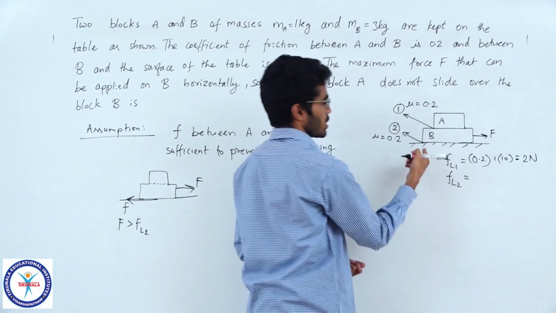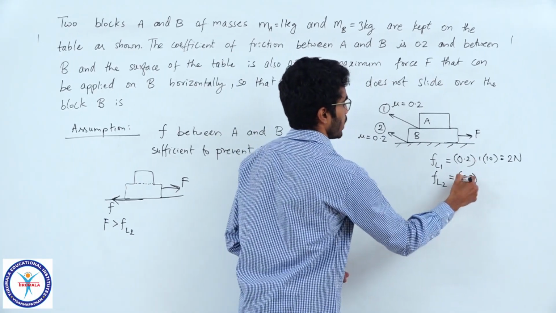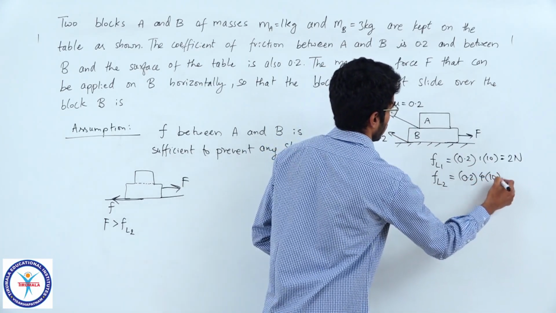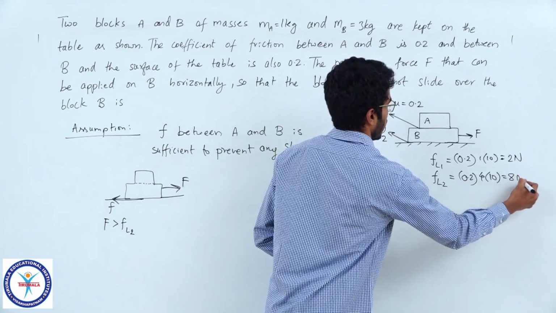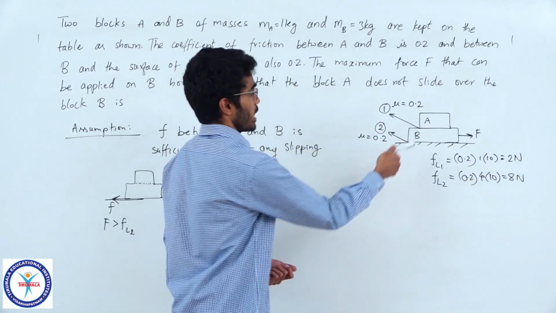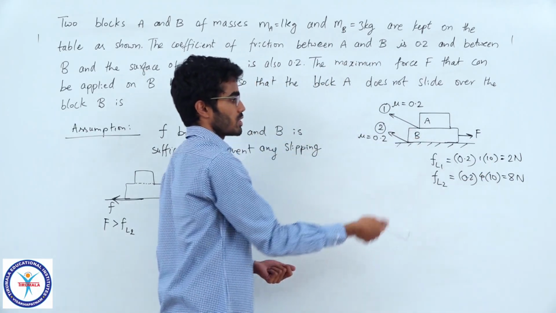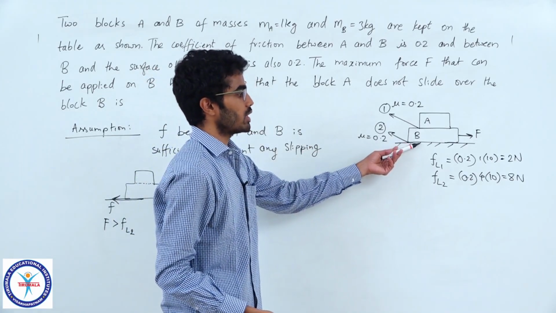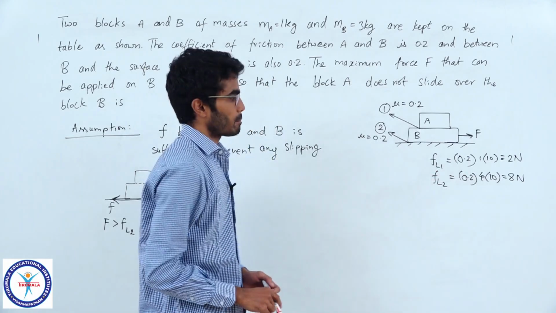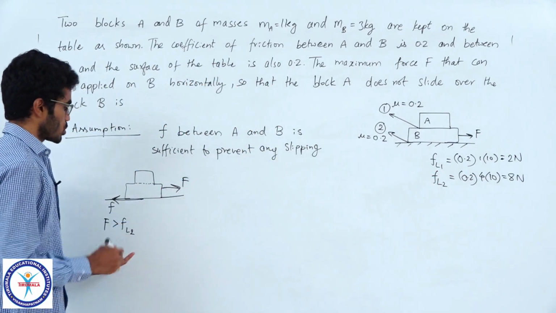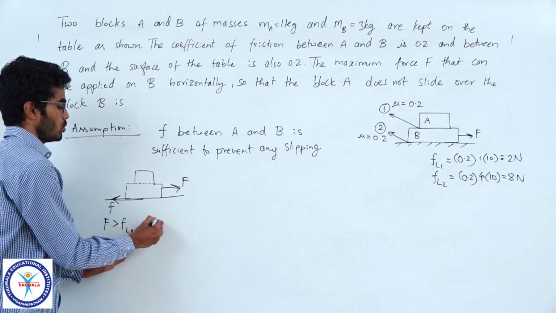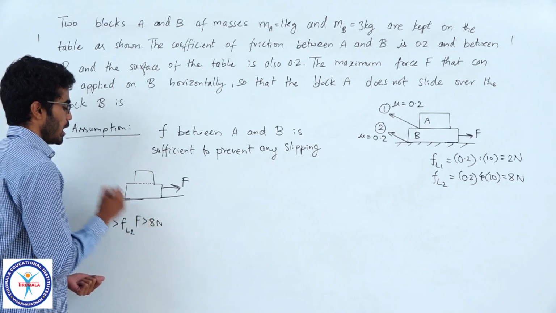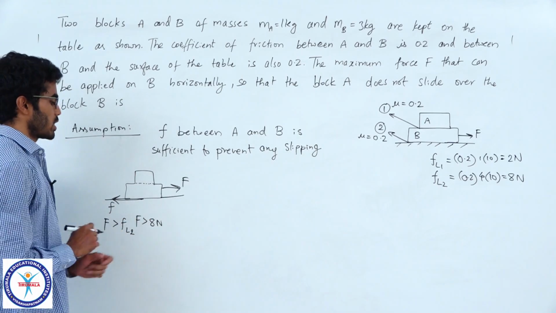Limiting friction for contact surface 2 is mu (M_A plus M_B) into g. So, total mass is 4, 0.2 into 4 into 10, this gives you 8 newtons. So, the maximum friction that can develop at this contact surface is 2 newtons, and the maximum friction that can develop here is 8 newtons. So, now our force capital F should at least be 8 newtons in order to make the system move. So, it is larger than 8 newtons, that is what you should understand now.